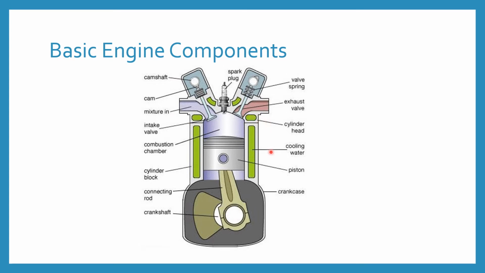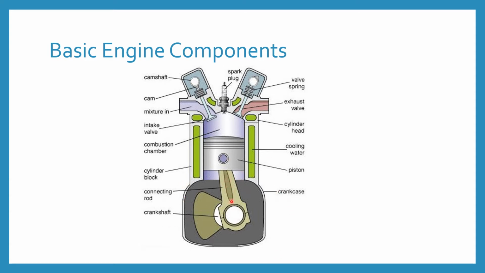Then coming to the cylinder block. Here this one is the combustion chamber or the cylinder. This one is the piston. This is the piston pin and this is the connecting rod. This one is the cooling water jacket filled with water, and this portion is known as the crankcase.